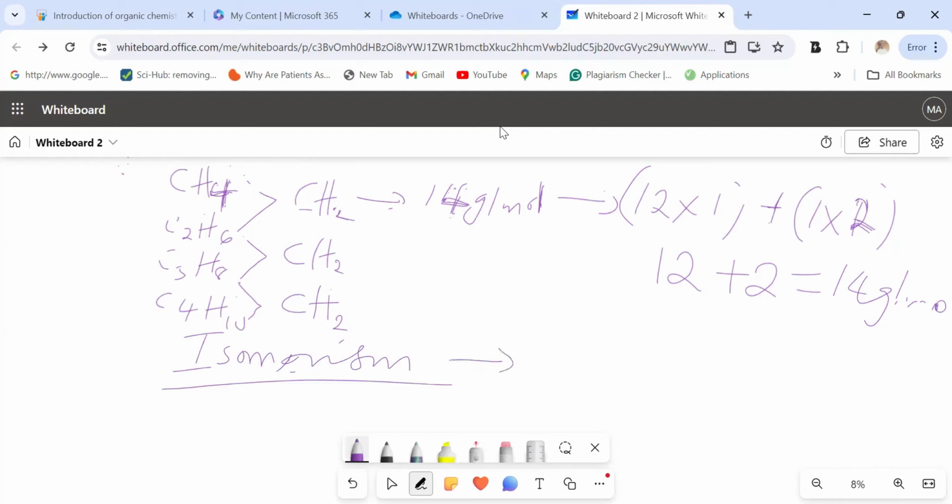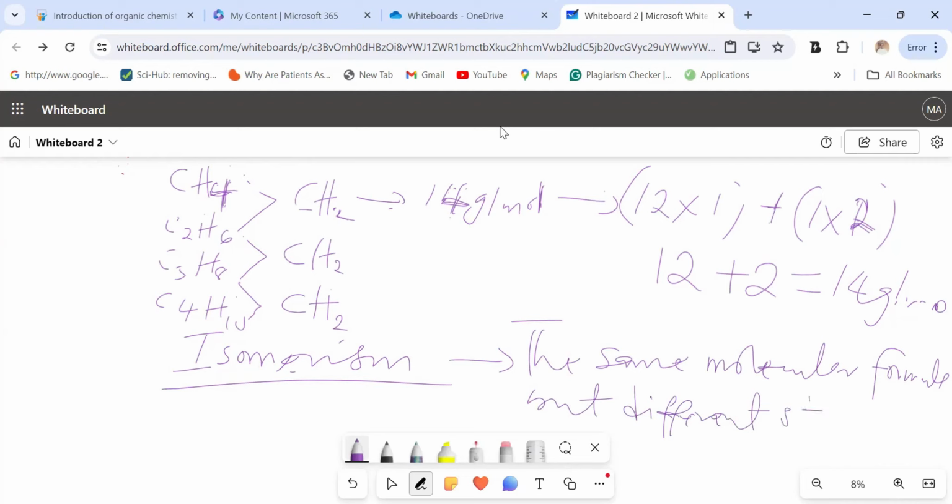Isomerism is when you have compounds with the same molecular formula but different structures. They have the same molecular formula but different structure. That is isomerism.